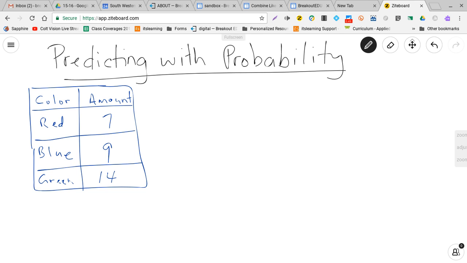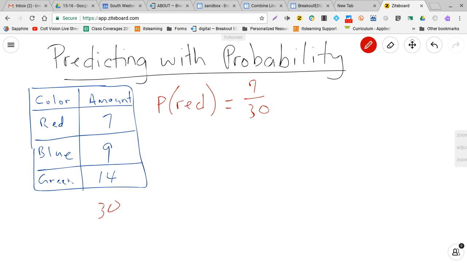So the first thing that we can do very easily here is to find the probability of each color. So let's review very quickly how we'd find the probability. Let's say that I wanted to know how likely it would be for me to pick a red out of this box. I would say the probability of red, we would write it like this. And remember, we're looking for the number of reds, which is 7 over the total. 7 plus 9 plus 14 here is 30.